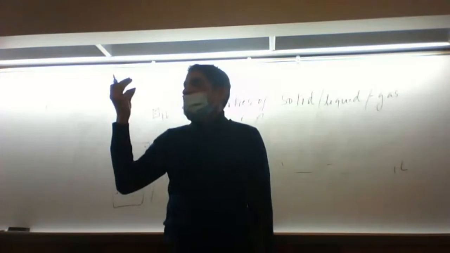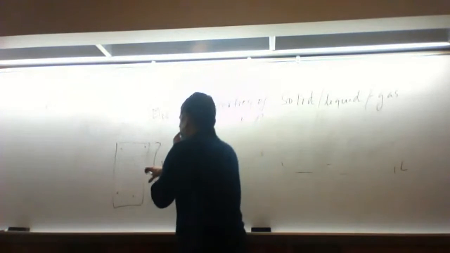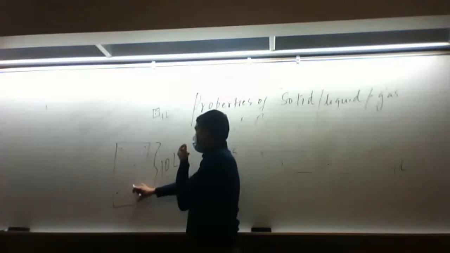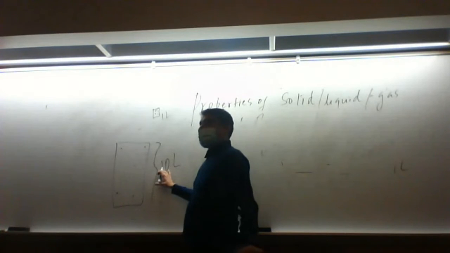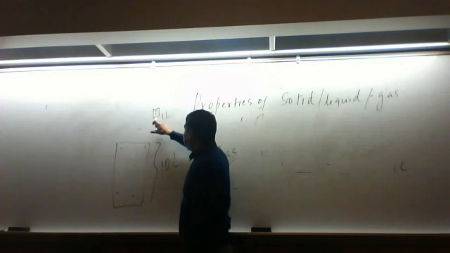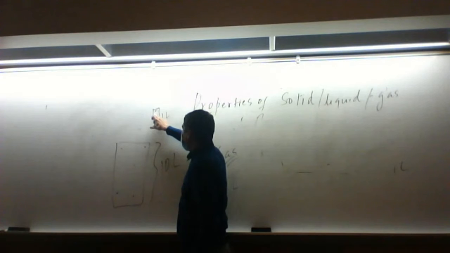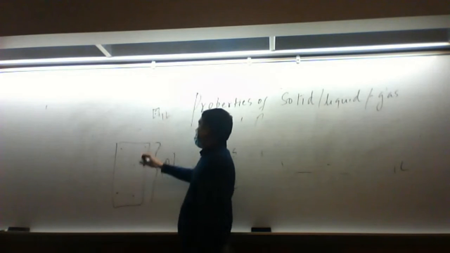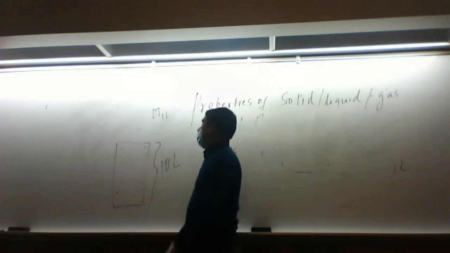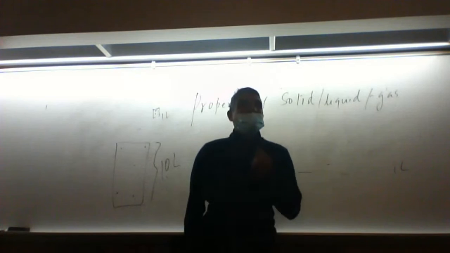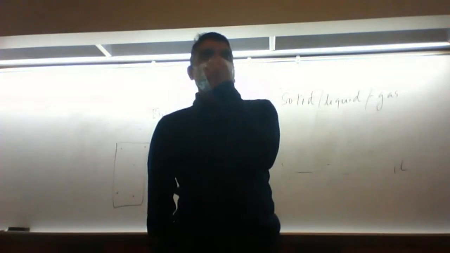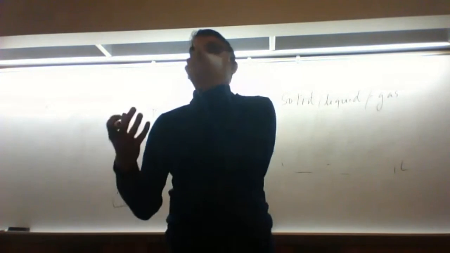If you put 1 gram of carbon dioxide gas in a big cylinder, it occupies 10 liters. If you put the same amount of carbon dioxide gas in a very small cylinder, it occupies a small volume. So gas doesn't have a definite volume. It takes a different volume according to its container's size.